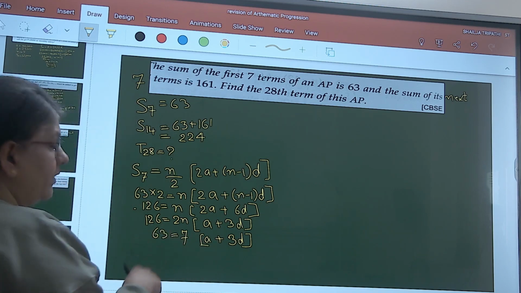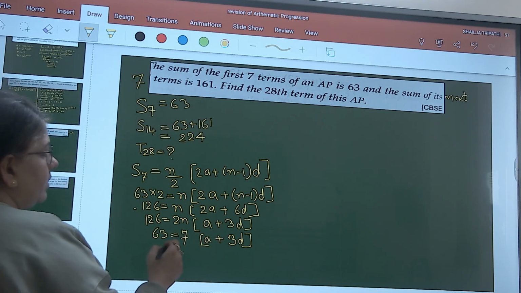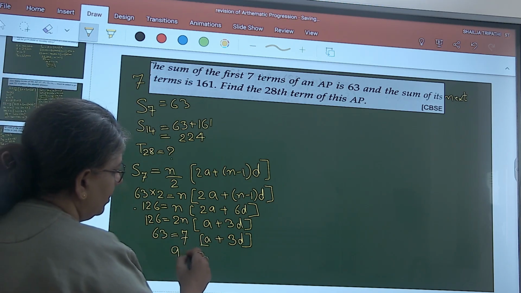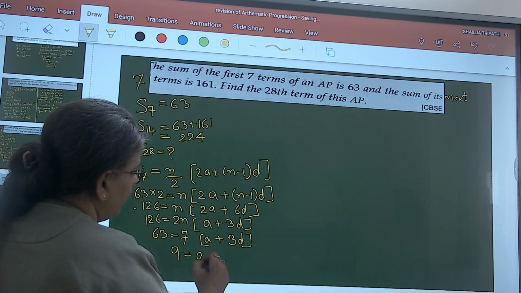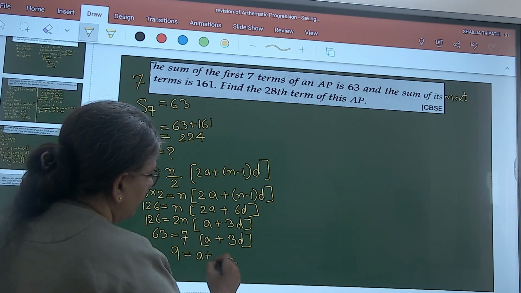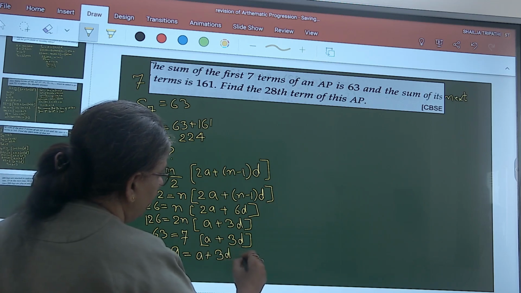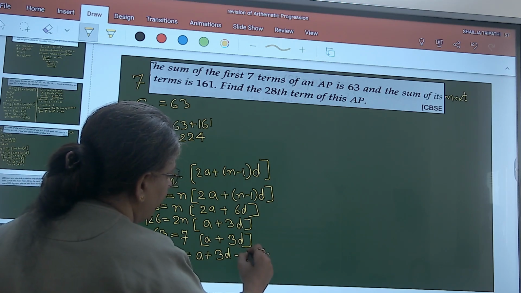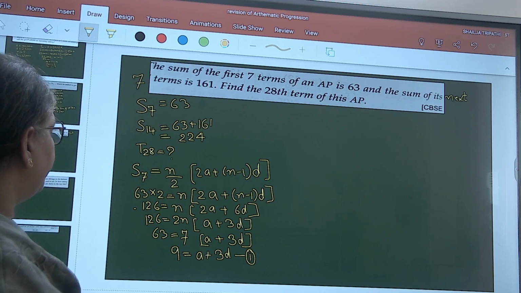Now divide 63 by 7, you get 9 is equal to a plus 3d. So this is our equation number 1.